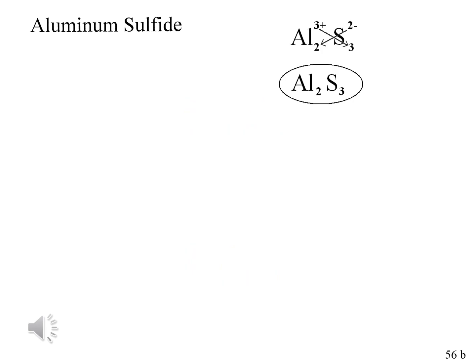Another example is that combination of IDE, ITE, and ATE. This compound is aluminum sulfide, and you can tell that the sulfide is the S2 minus because the IDE means a negative ion that is a monatomic ion with no oxygen attached.